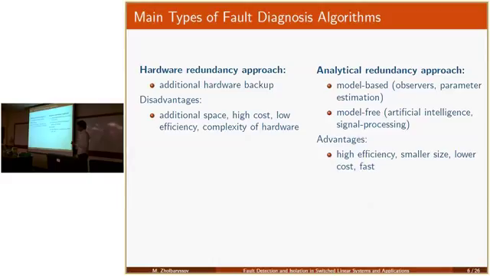Model-based approaches often use observers or parameter estimation from the control theory, and most of them have been developed for linear time invariant systems, but power electronics, power converters pose implementation constraints for these algorithms.